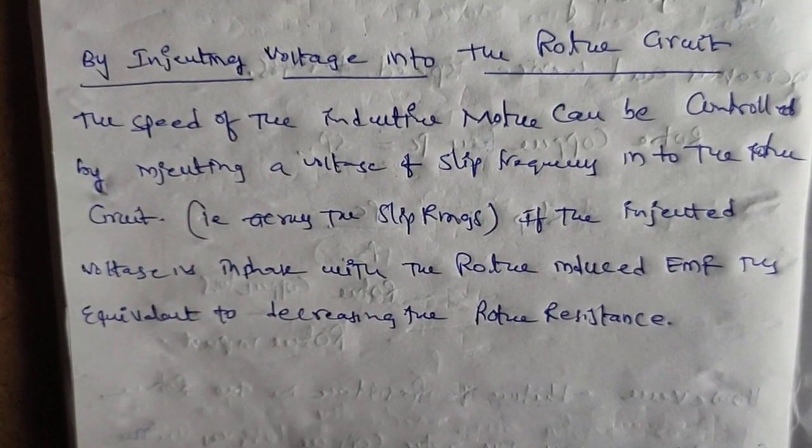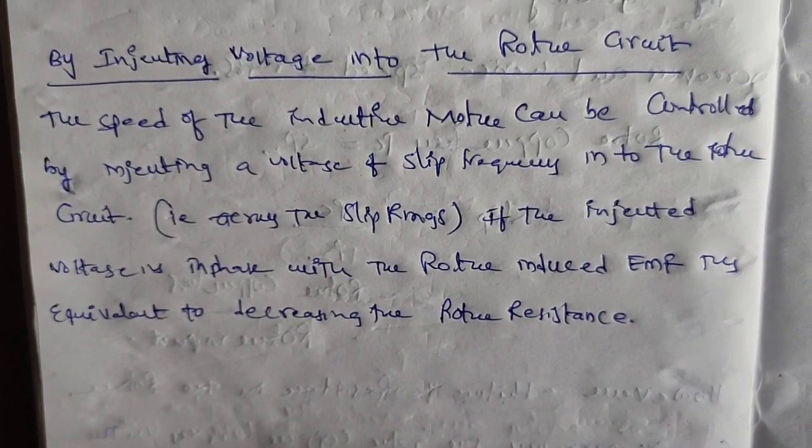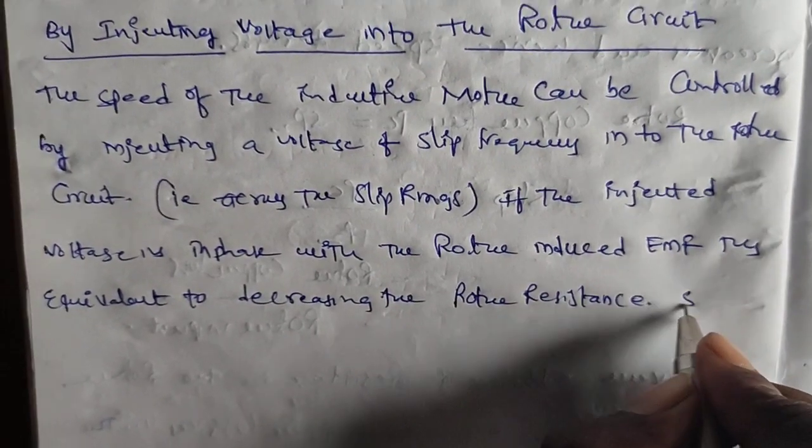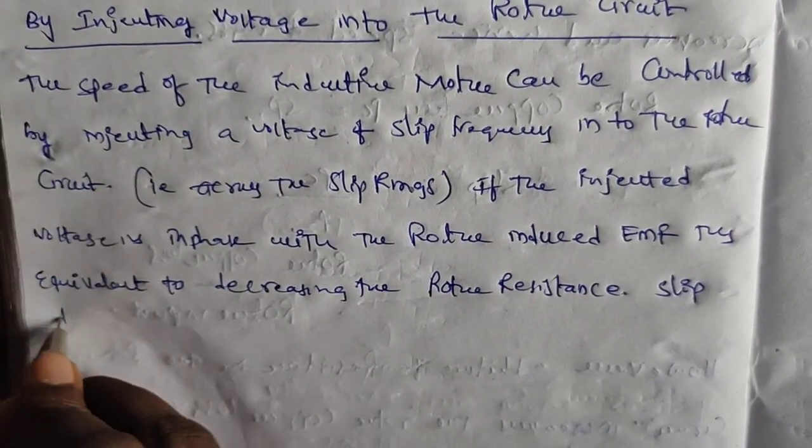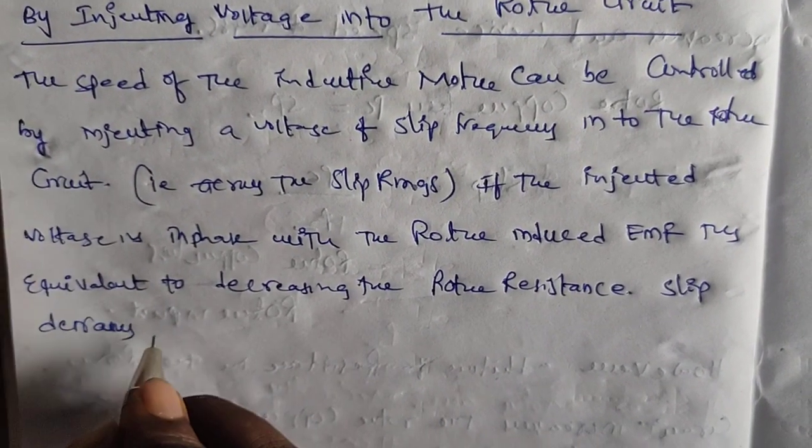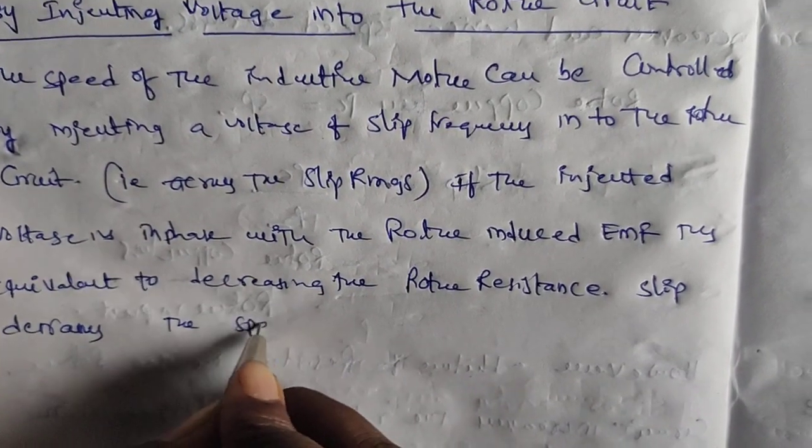If the rotor resistance is decreased, the slip decreases and the speed increases.